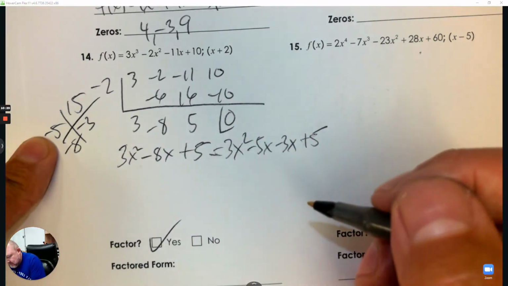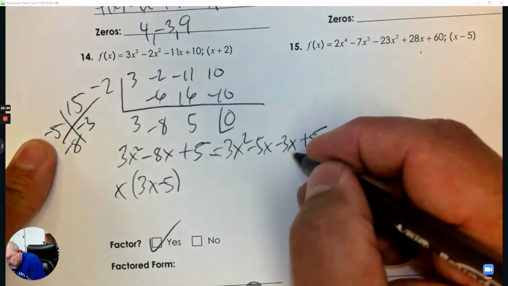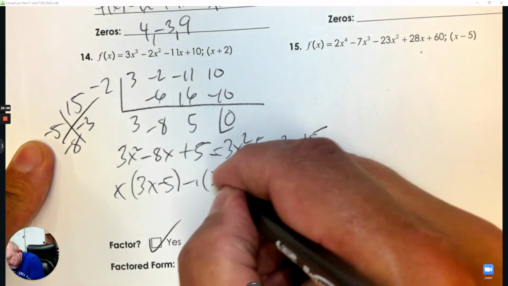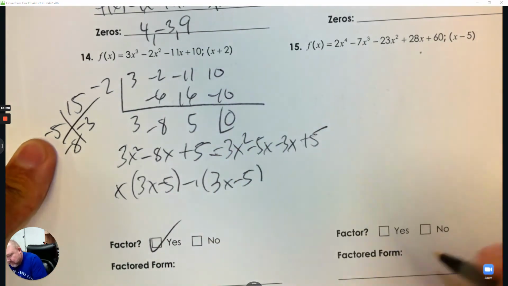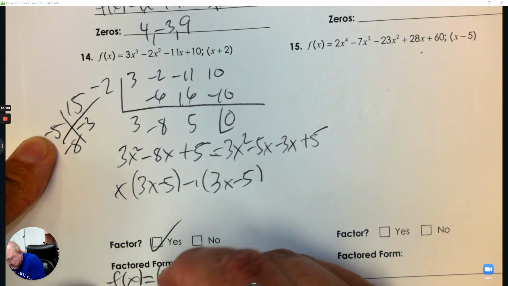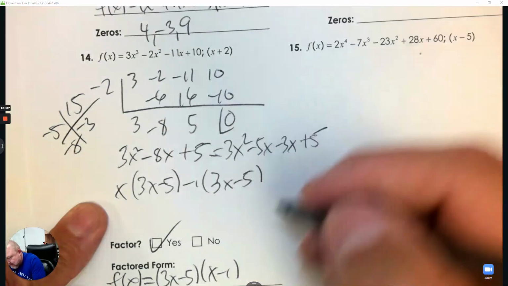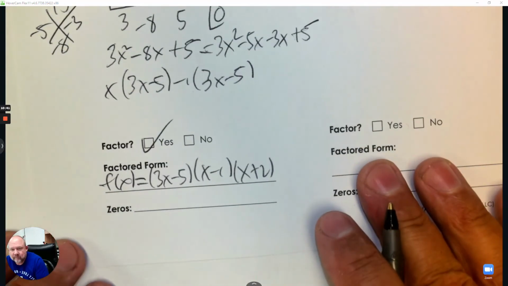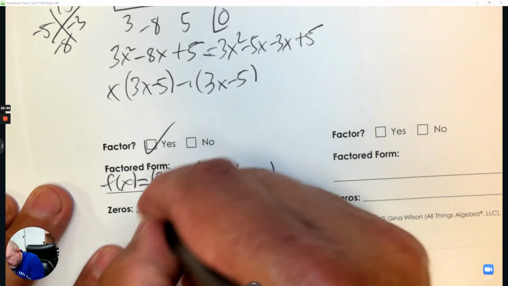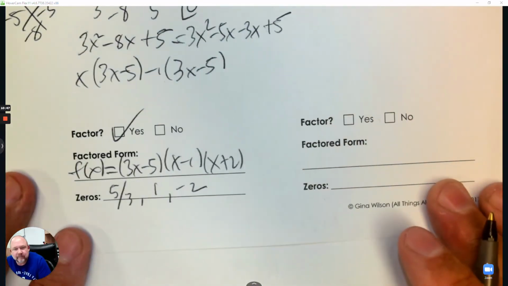And if I factor out the first two, that's x, and that's negative 1. So in factored form, I get 3x minus 5, x minus 1, and x plus 2. And that gives me positive 5 over 3, positive 1, and negative 2.